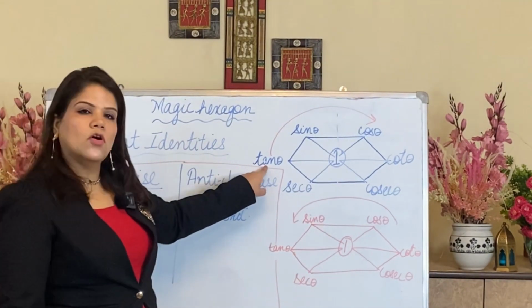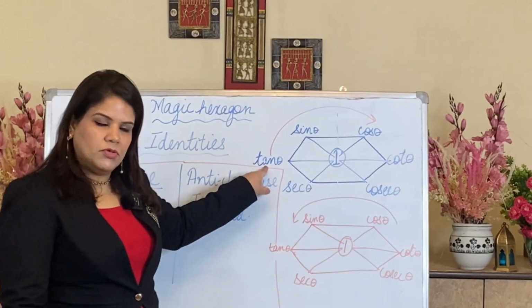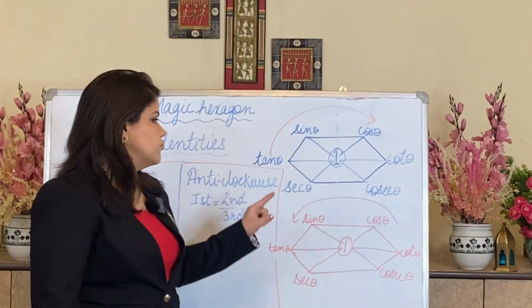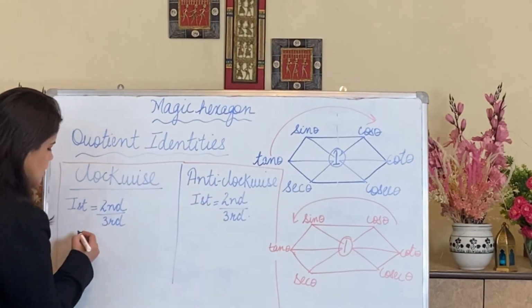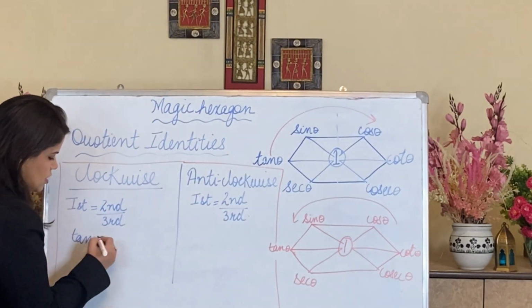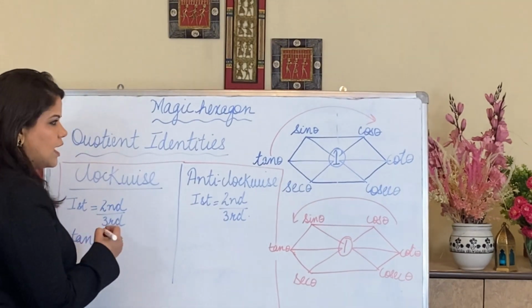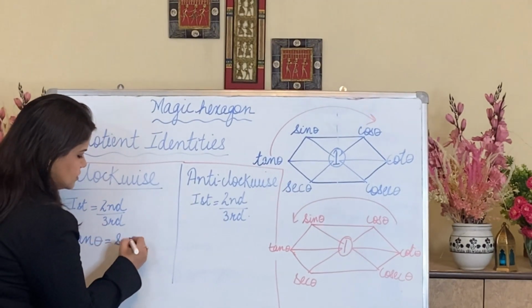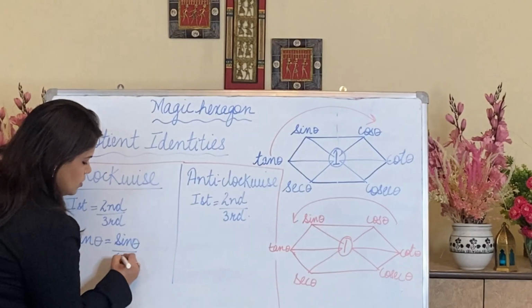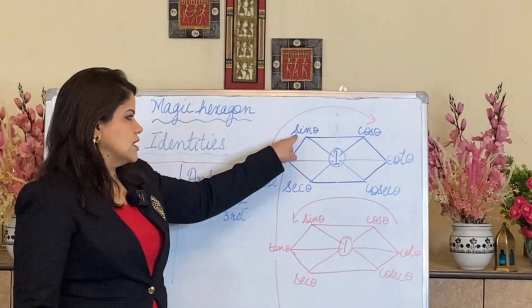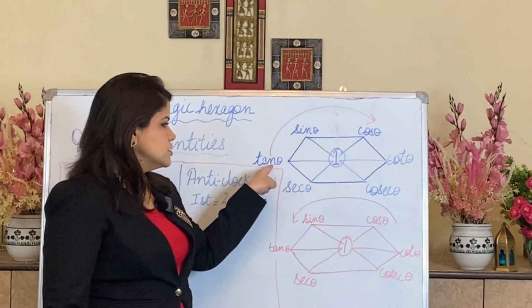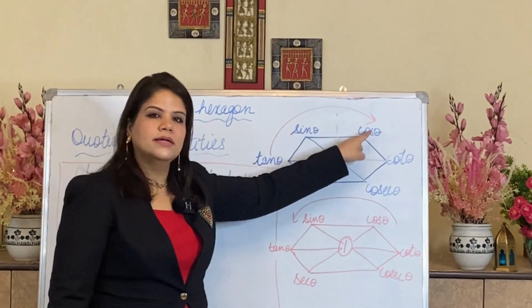So if I start from here, we normally start magic hexagon from tan theta. So let's start from here only. Tan theta is equal to sin theta upon cos theta. Why? Because this is first and this is second and this is third. So first is equal to second by third.